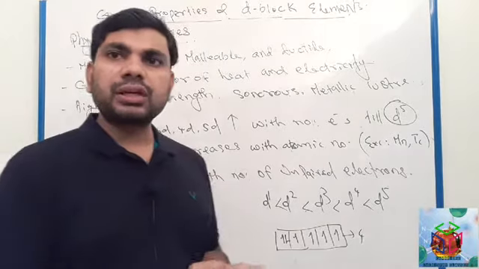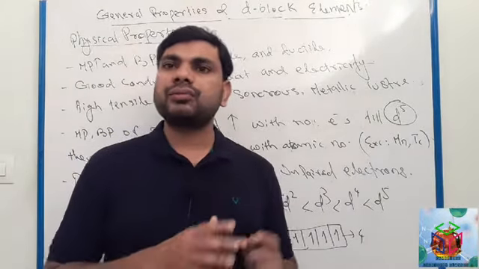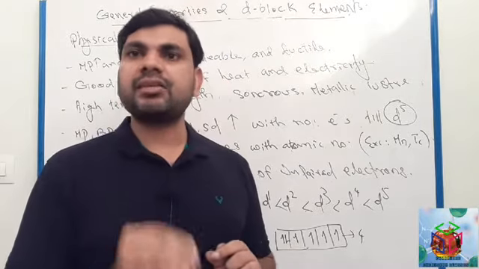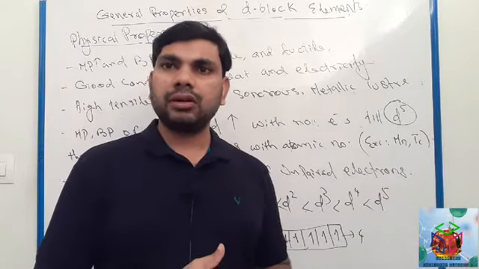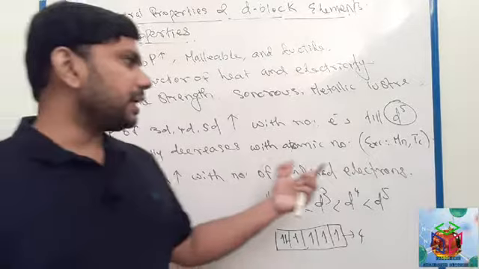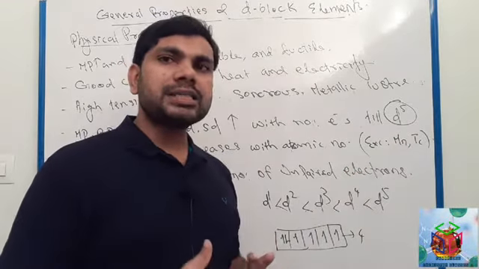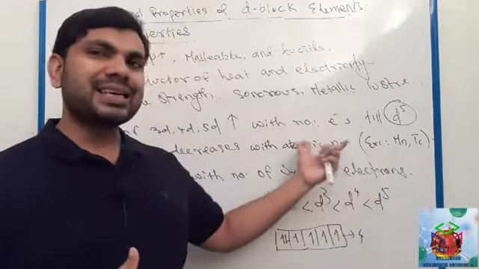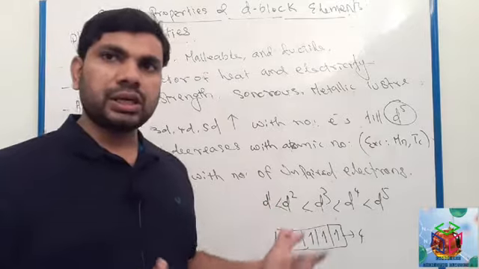After d5, the melting and boiling points decrease gradually because the number of unpaired electrons is decreasing. Clear? There is one exception: manganese and technetium. They are exceptions, and the rest of the elements show this trend.